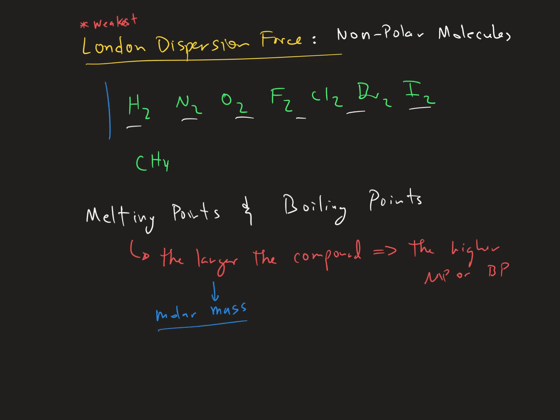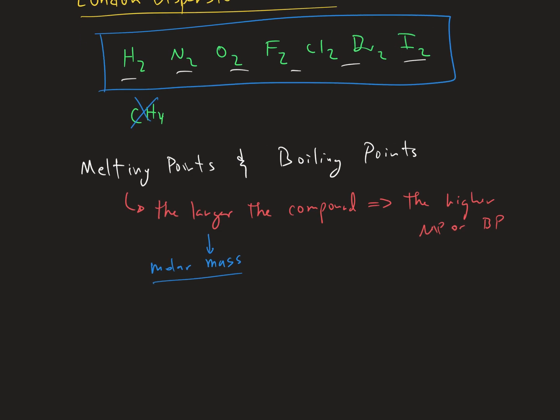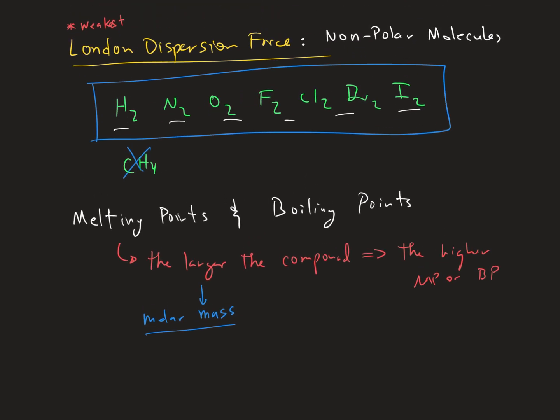So if we put these, forget about methane right now, which one has the lowest melting point based off of what we just talked about? H2, because it has a molar mass of about 2, right? Nitrogen has a molar mass of 28, then 32, 38, about 71, about 160, and about 254.